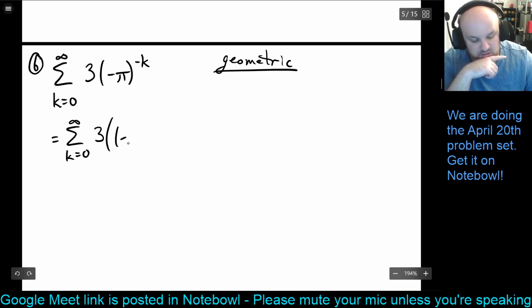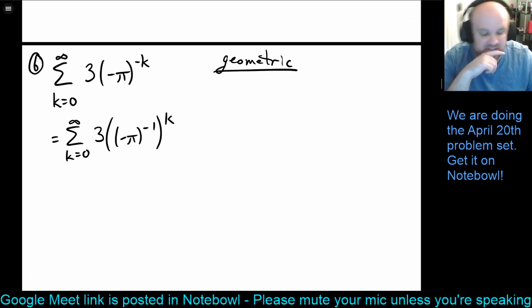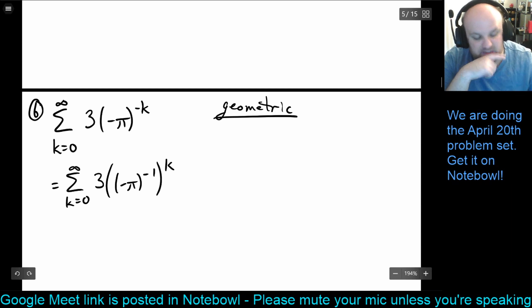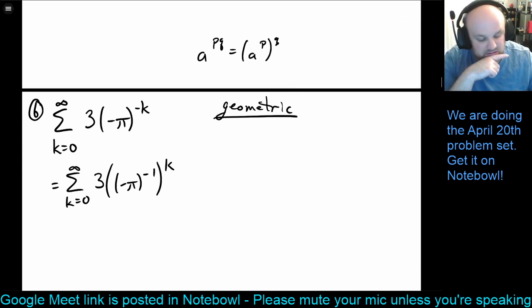Use some properties of exponents here. Specifically here, we would be using a to the pq is a to the p, to the q. Right? What it means when we multiply exponents.